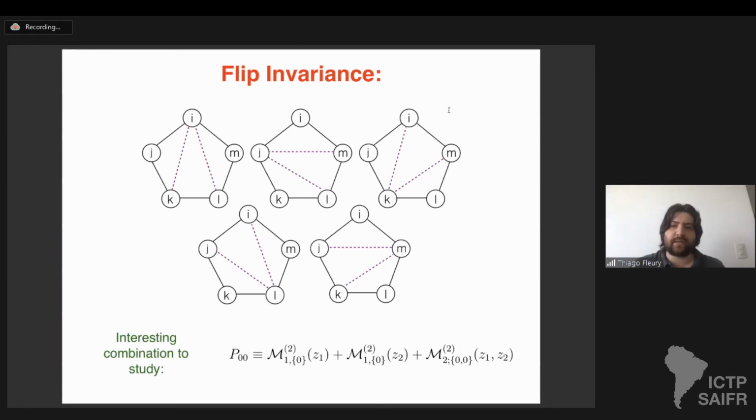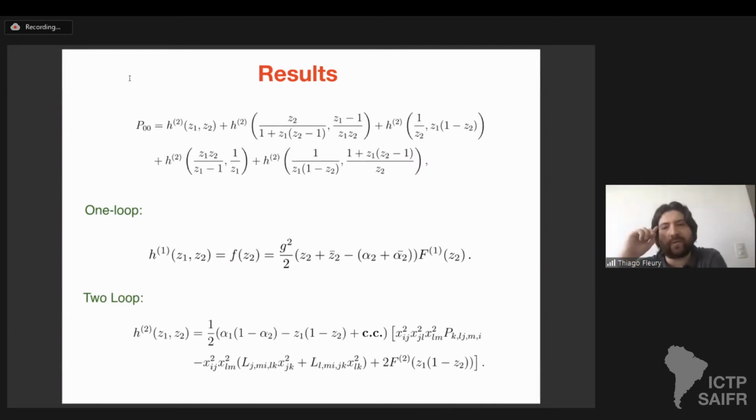This is a property of this construction, that the result should be invariant by the way you put these extra lines of zero bridge. So this object is very interesting to study just because of this flip invariance.